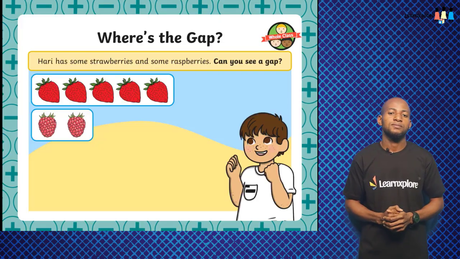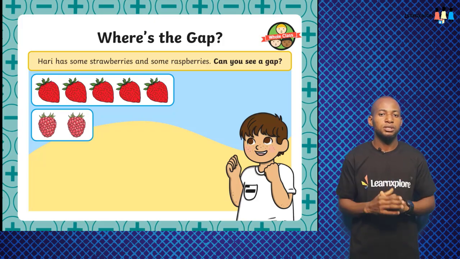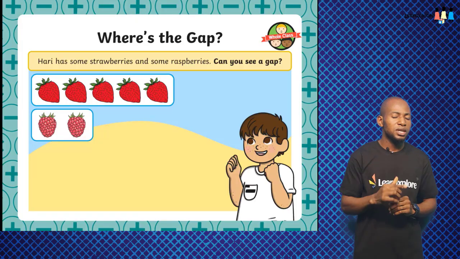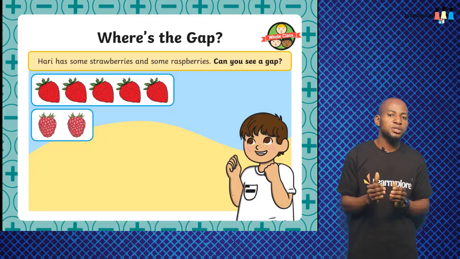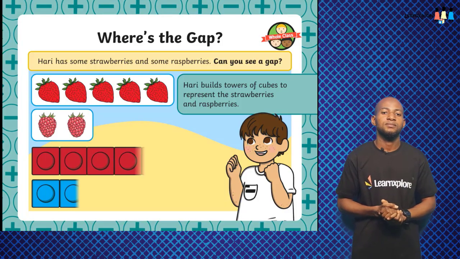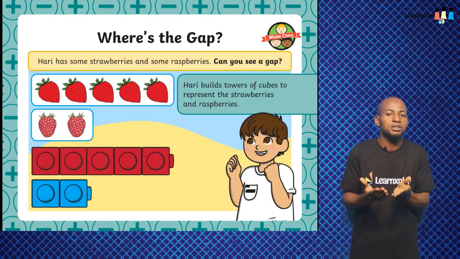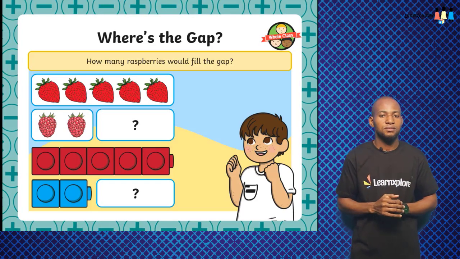This is Harry. Harry has some strawberries and some raspberries. Can you see a gap? Harry builds towers of cubes to represent the strawberries and raspberries. How many raspberries will fill the gaps? 3.